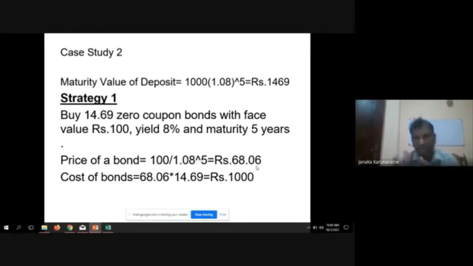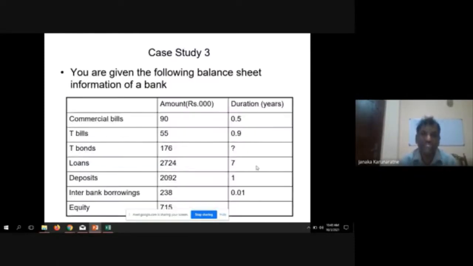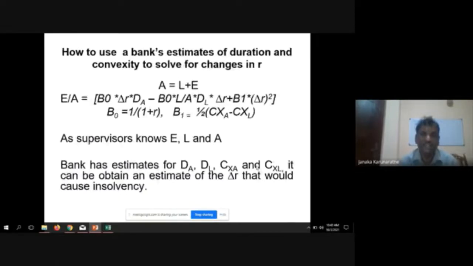Now, for theory purposes, we took just one deposit, but this will be applied to the entire balance sheet. So this is the whole purpose of this exercise. We look at the entire duration of assets, not just one. How many assets do you have in your bank?